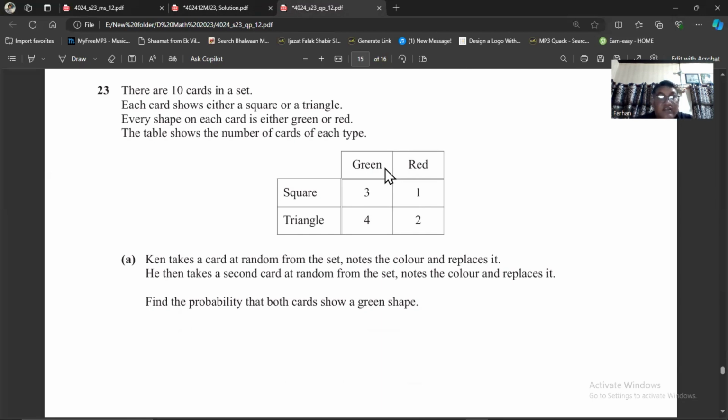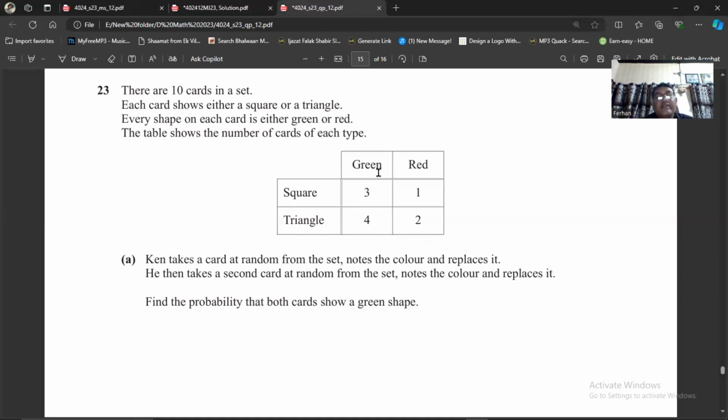Green squares: 3. Red squares: 1. Green triangles: 4, and red triangles: 2. Part A: Ken takes a card at random from the set, notes the color and replaces it. He then takes a second card at random from the set, notes the color and replaces it. Find the probability that both cards show a green shape.